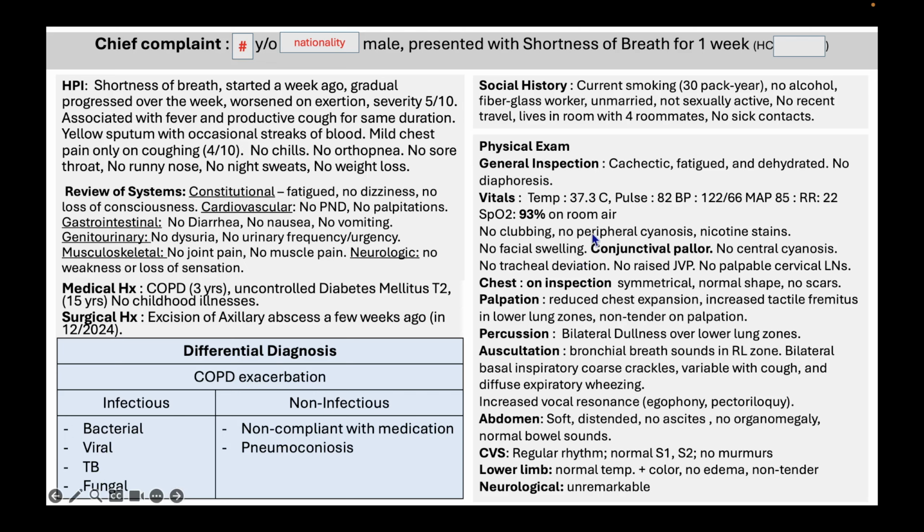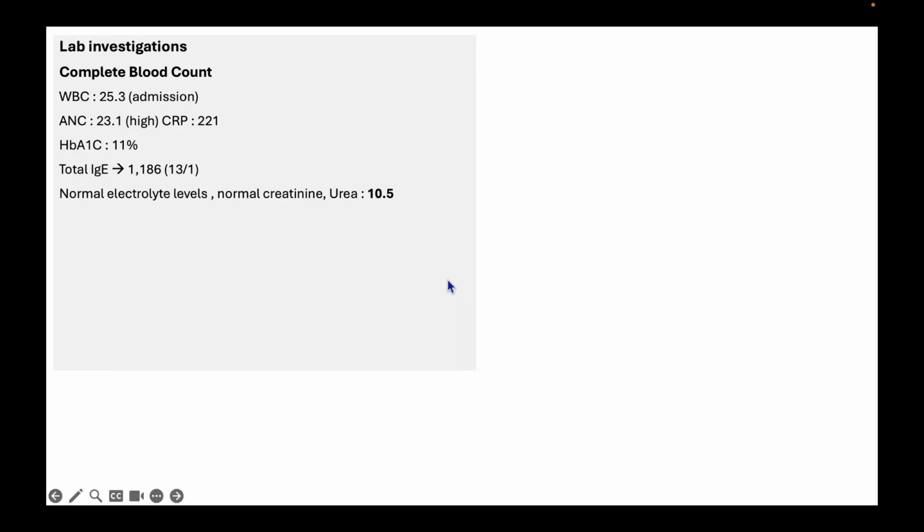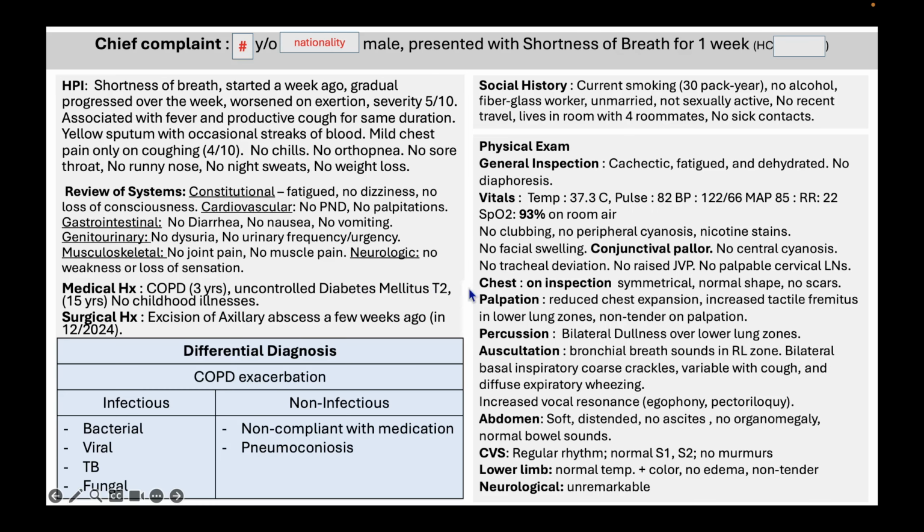This could be TB because he lives in a very crowded kind of environment, and it could be fungal because he has uncontrolled diabetes, long standing. That's why we should rule it out.